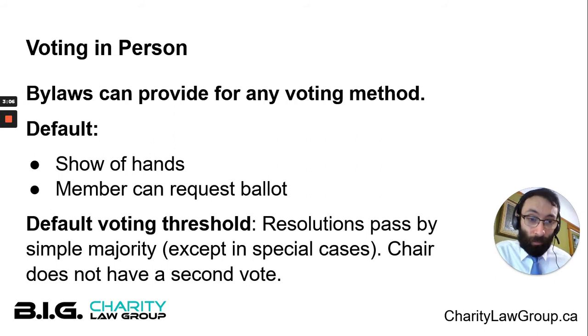But there are lots of details around that, so I won't get into it. By default, the chair of the meeting does not have a second vote. So if you have a tie vote, you can recount it, but if you still have a tie vote at the end of that, the motion fails. You can provide in your bylaws for the chair to have a second vote if you'd like.